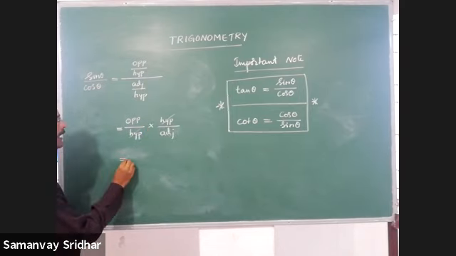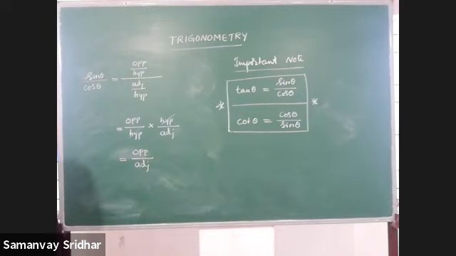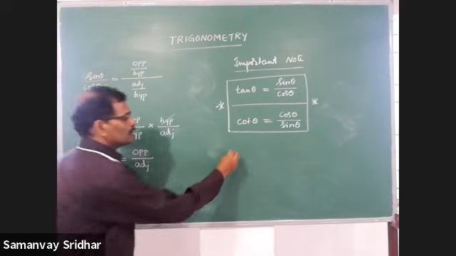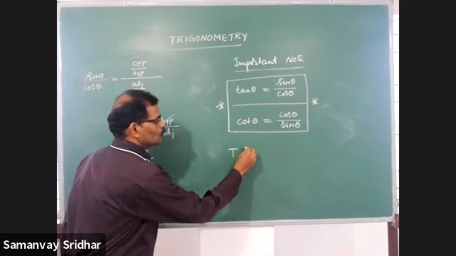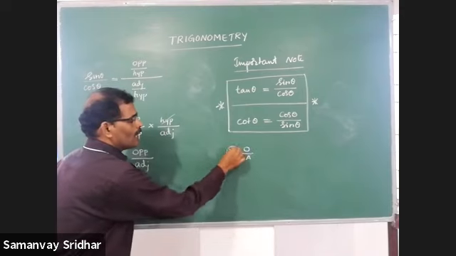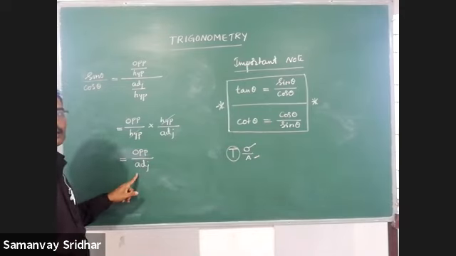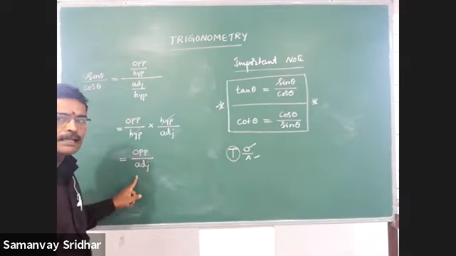The remaining is opposite side of theta divided by adjacent side of theta. See the previous? What is opposite by adjacent? I gave it clearly. It is TOA. Can remember. Tan is always opposite by adjacent. What you got here? Opposite by adjacent. Whether opposite by adjacent is tan or not? Yes.